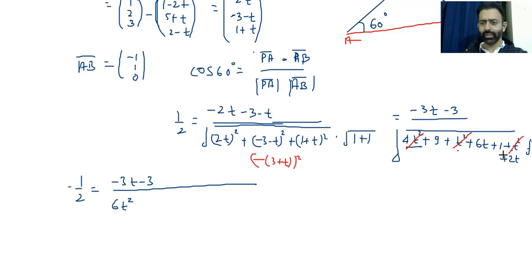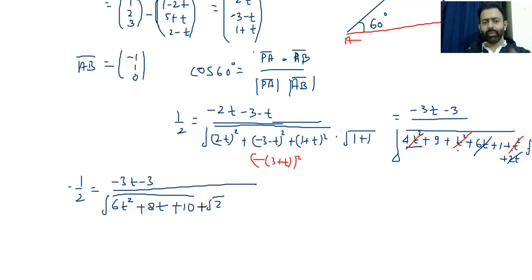Then how many t's are there? There are 8 t's, so plus 8t. And then we have 9 plus 1, which is 10, under root, and into root 2.